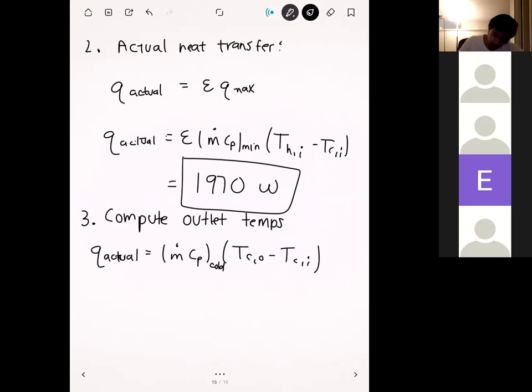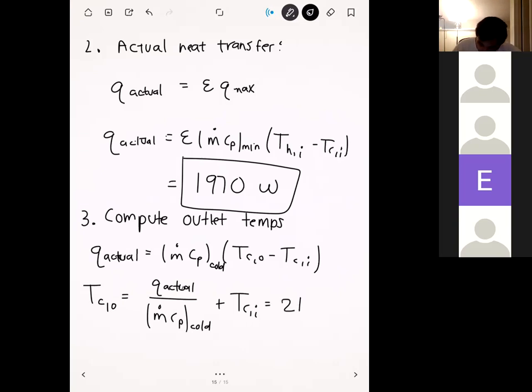And so what we have is T cold out is equal to Q actual divided by m dot Cp of the cold fluid plus Tc in. And then what we get is an outlet temperature of 21.4 degrees C.